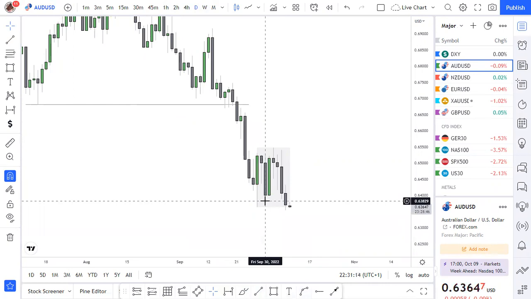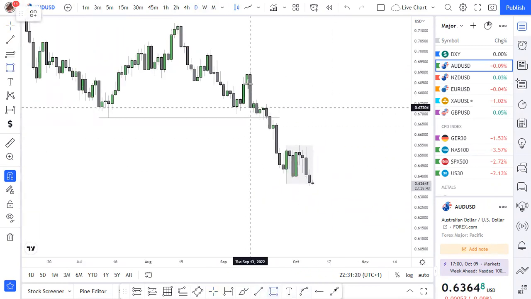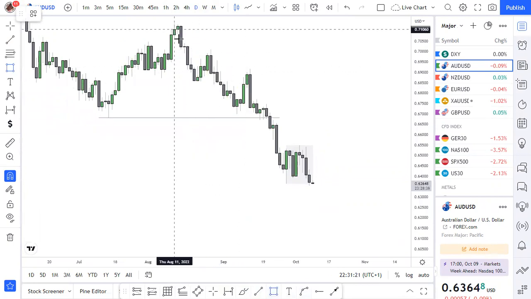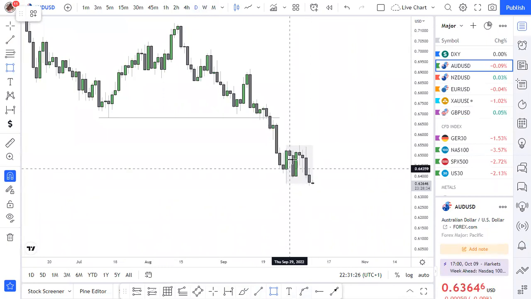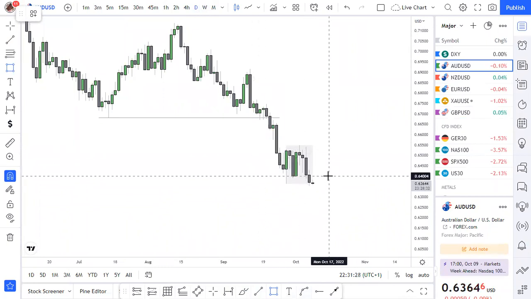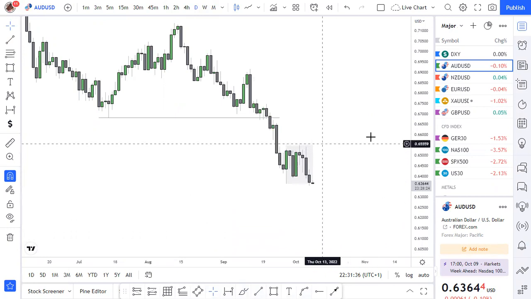So I think I will leave it as a range because last week I really wanted to see price pull back to some of these zones up here, but we were just within this low and this high the whole of last week. So yeah, I'll just leave it as a range.